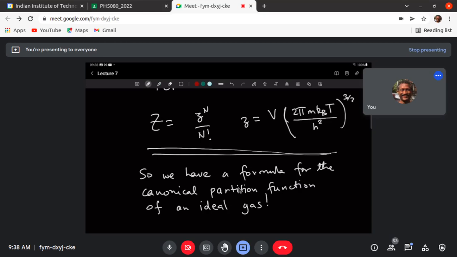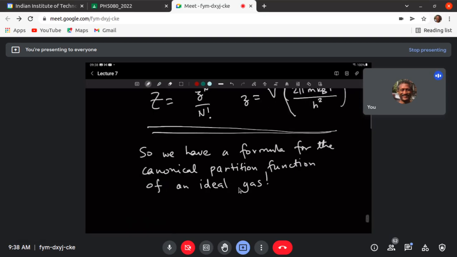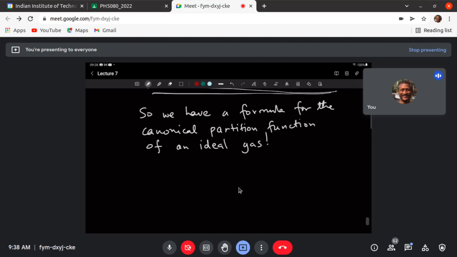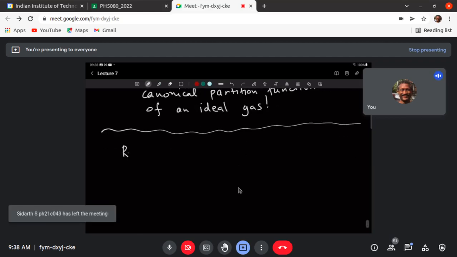Okay. So is this point clear? Okay. So, but of course, this is only an approximate partition function, and I want to make one more remark.